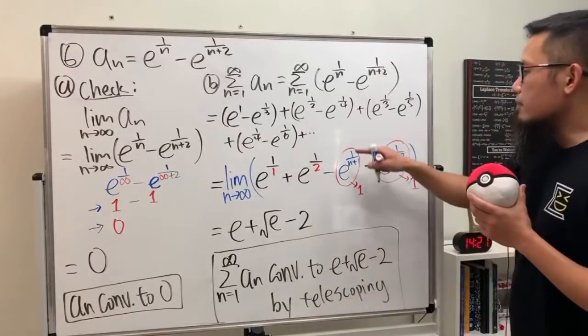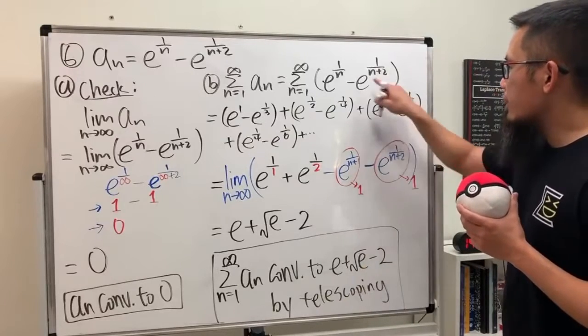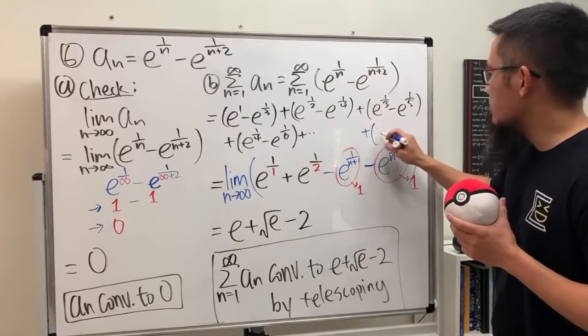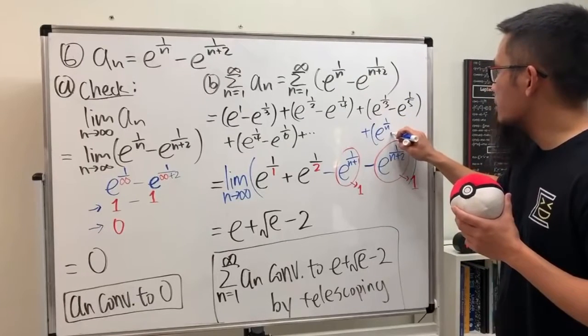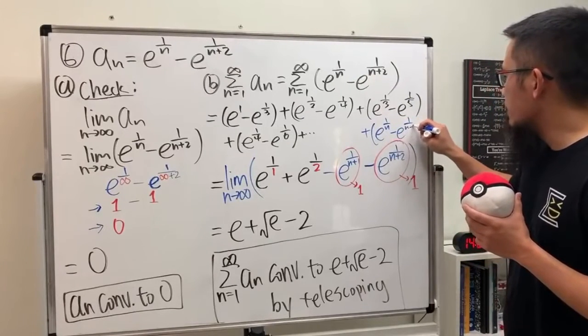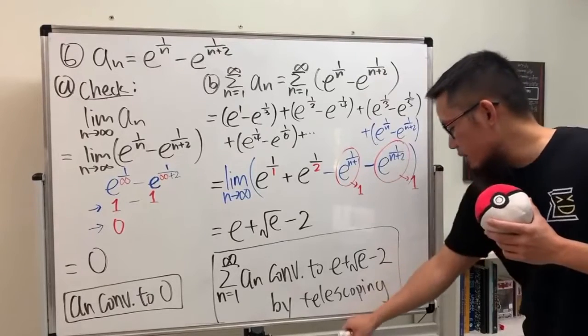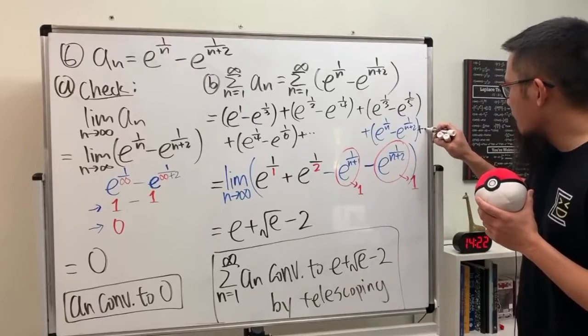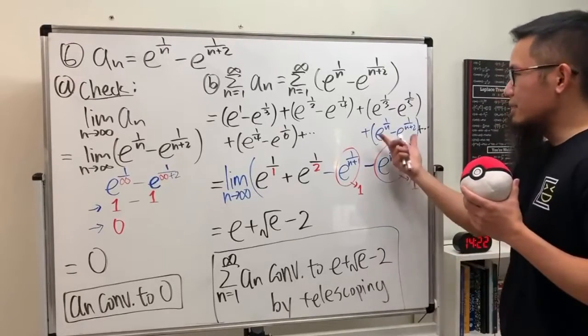Well, we are going to write down the nth term as well. So the nth term is going to be just this, namely e to the 1/n minus e to the 1/(n+2). And after that, keep in mind there's a plus dot dot dot. This is just you stop at n.